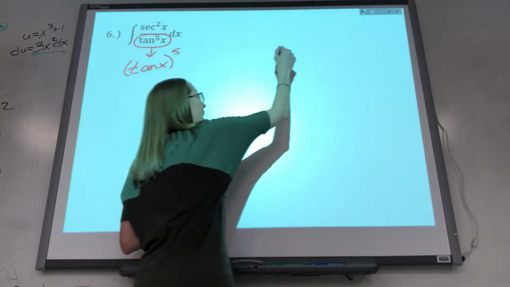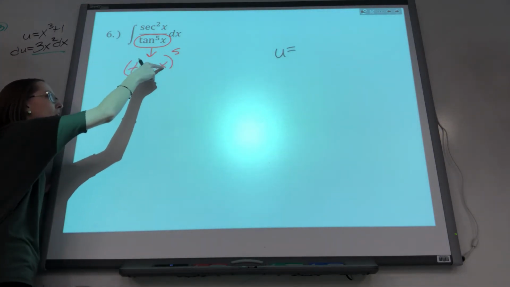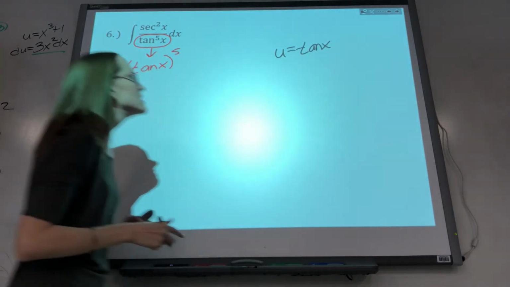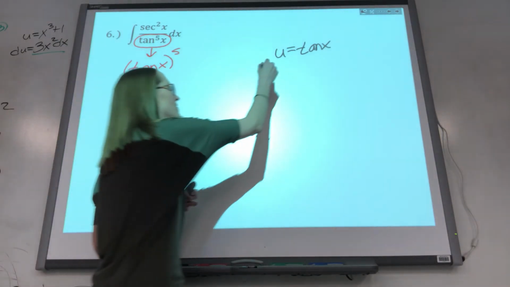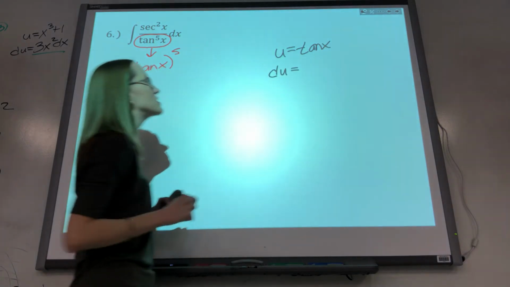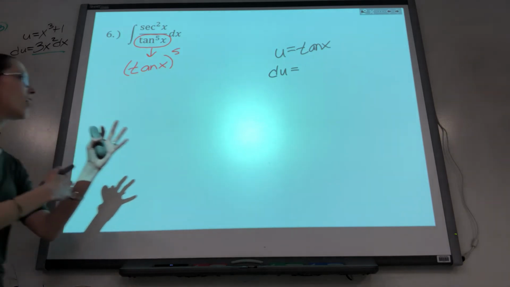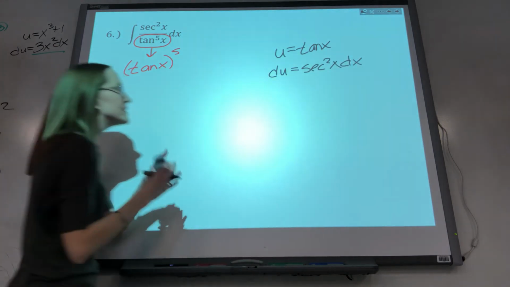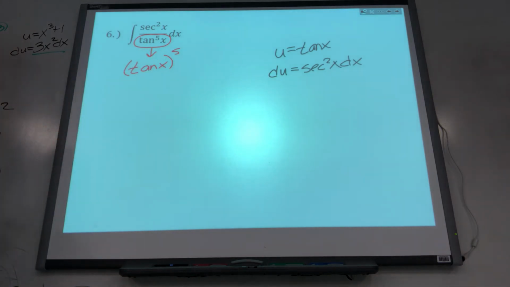Now, once I have it written like this, the part that's in parentheses is tangent of x. And we're talking derivatives here. Anybody remember the derivative of tangent? You can actually take the integral and just switch it around. Secant squared, and looky there, secant squared, it's matching up to what I have.